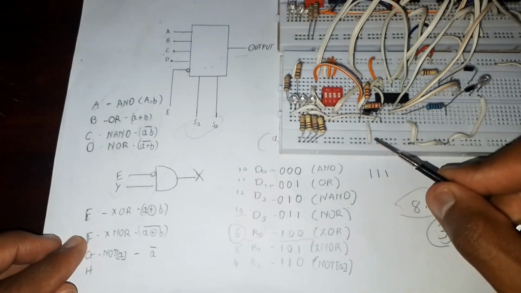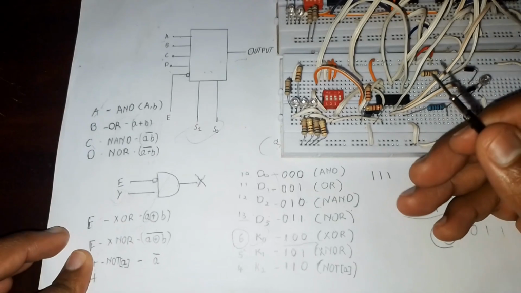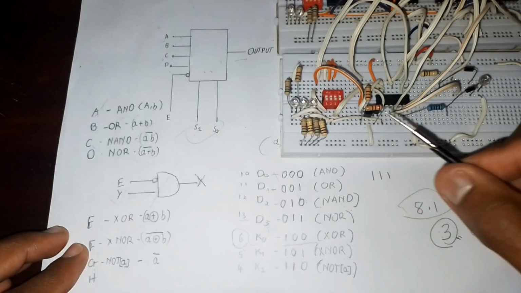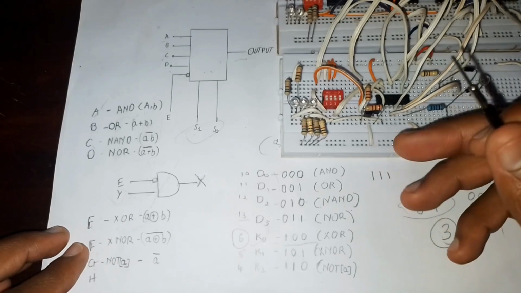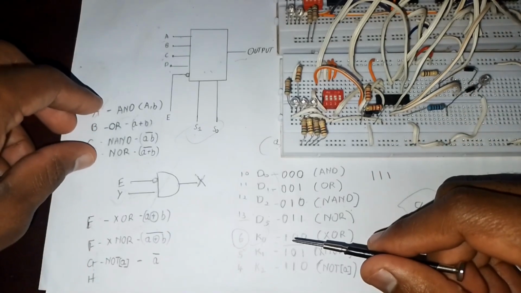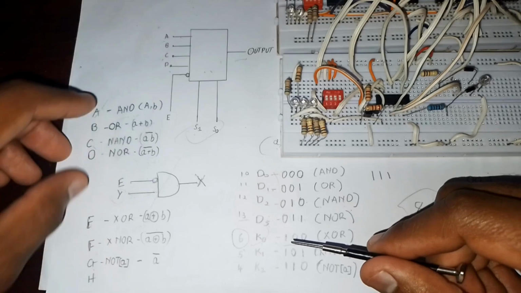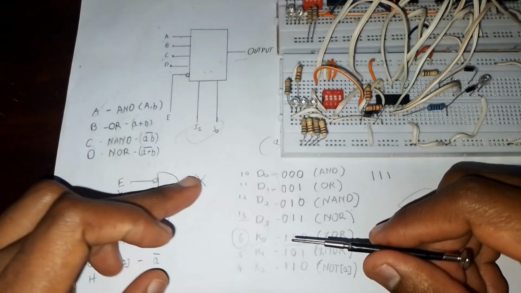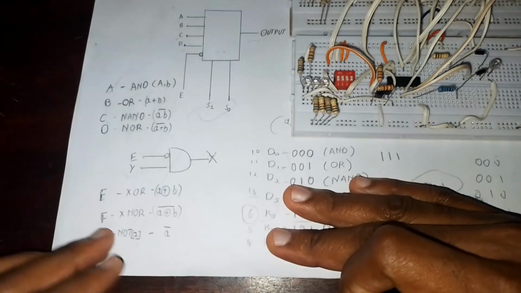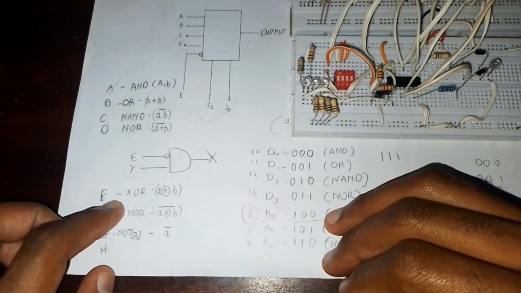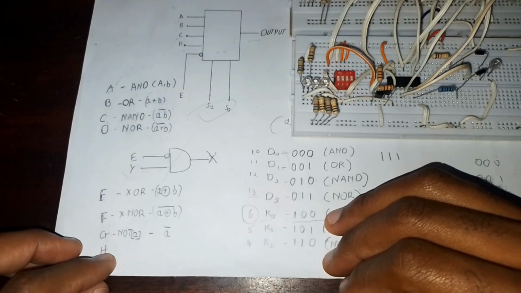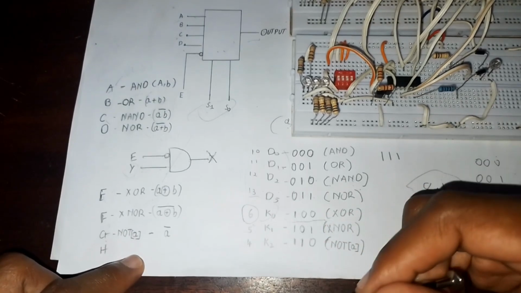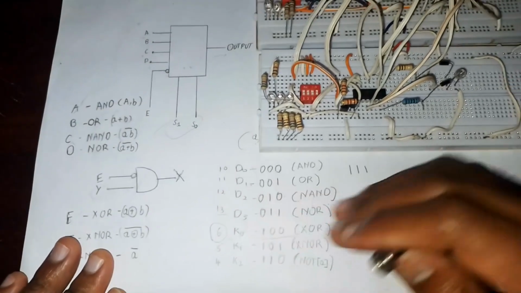The other multiplexer, which we connected, if you can remember, using the enable pins of those multiplexers to make it an 8x1, because a single multiplexer has 4, so if we add them, we make 8, and it has one single output. So for the other multiplexer, the inputs are XOR, XNOR, NOT A, and then finally we will do NOT B, and we'll be done making the 8x1 multiplexer logic unit.